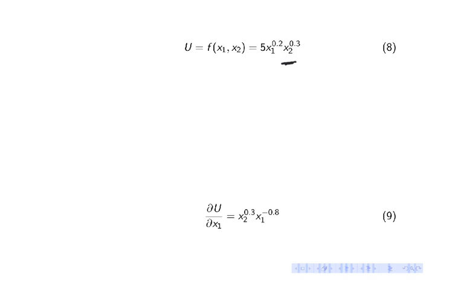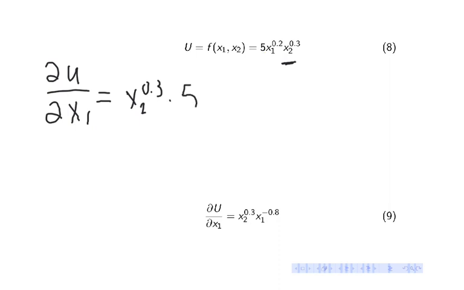So if we're going to write the partial derivative of u with respect to x1, we can start out by writing that constant term, x2 to the 0.3, because we're treating it like a constant, akin to 5. 5 is our other constant, so we can also write 5.